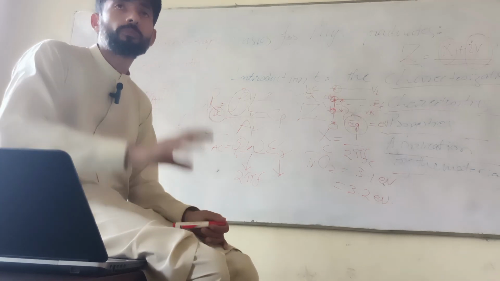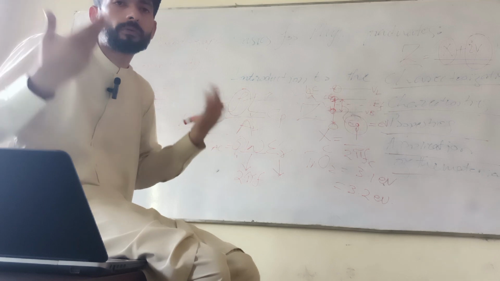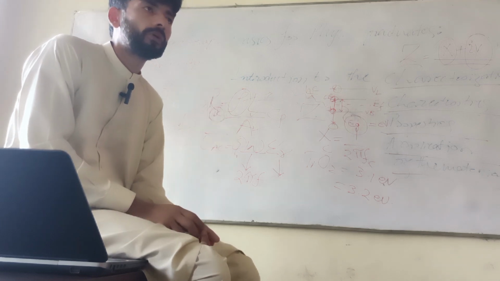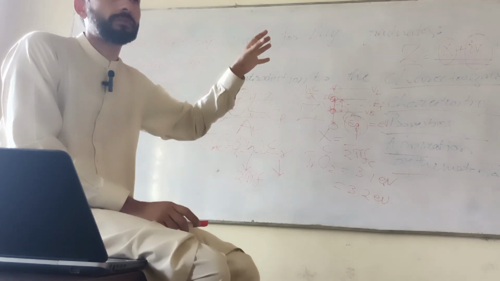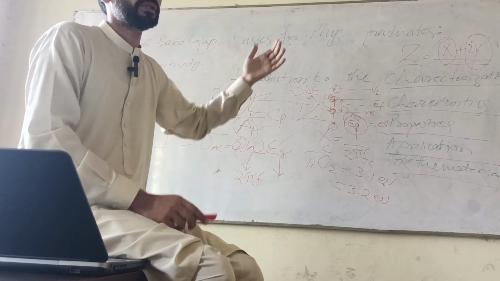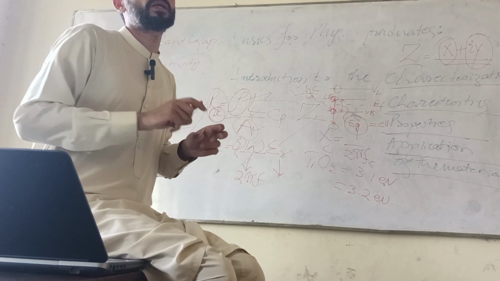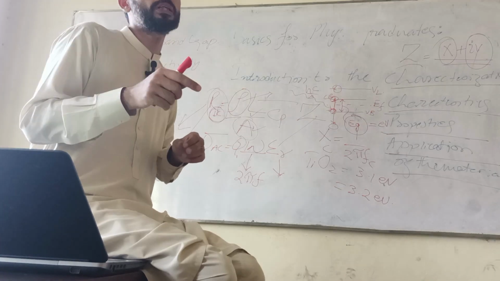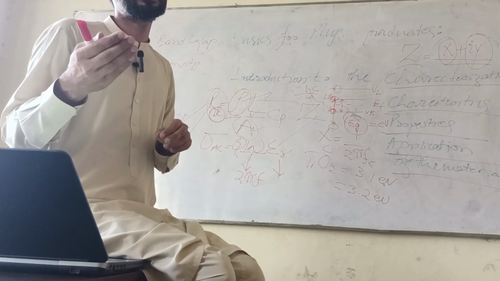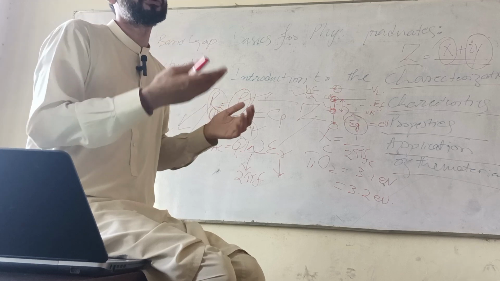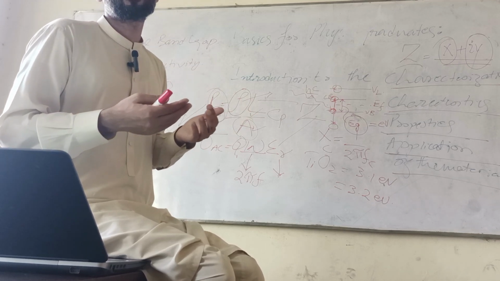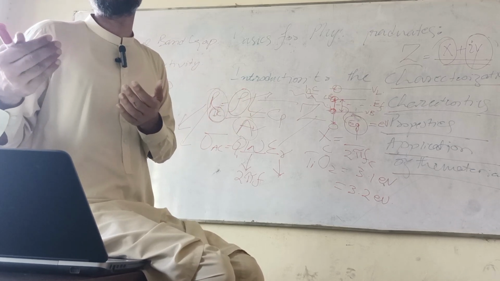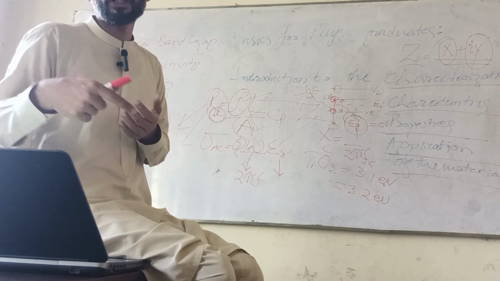If you are going to modify a structure, for example, the previous structure was ABX, and on the A side, for example, you have calcium, and you are going to replace this calcium with something else, and then you have to study the structure. So in that case you have to verify your work.